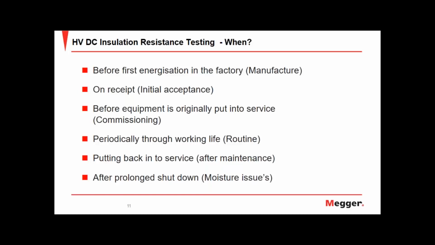The heating's probably likely to be off, the machines will not be operating, and moisture starts to go into some of the insulation material. This is particularly noticeable on motors, so we need to perform an IR test to ensure there's not too much moisture in the windings. If there is, we would need to do a retrospective heating to drive out that moisture before we could restore the IR value and put it back into service.